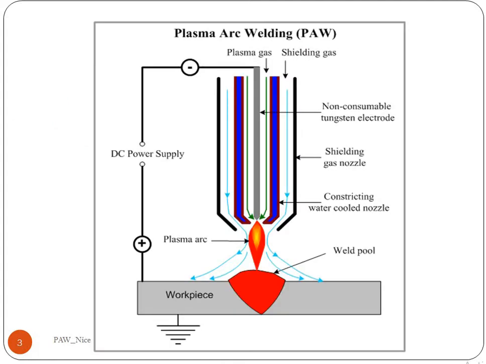As already mentioned, it is a liquid state welding process, and the metal to metal joining happens here. The hot ionized gas is known as the fourth state of matter after solid, liquid and gas. So how is the hot ionized gas formed, that is, how is plasma formed?